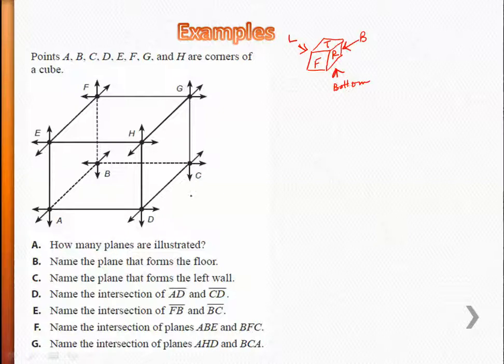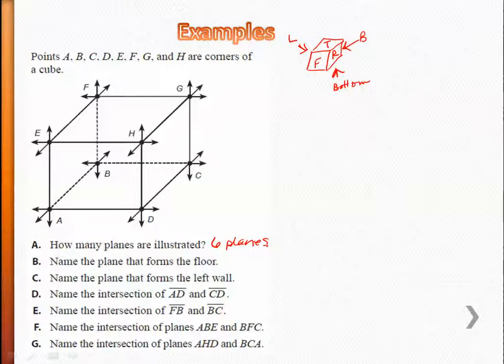So altogether, that's going to be 6 planes. Okay, so when it comes to things like rectangles and cubes, even triangles, pyramids, and things like that, you think, how many sides does this have? So you're going to count all the sides, and that's going to be your number of planes.